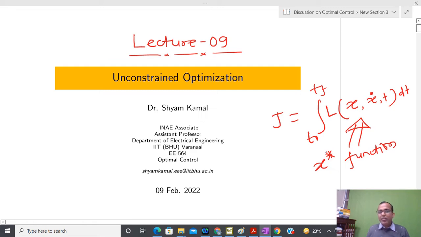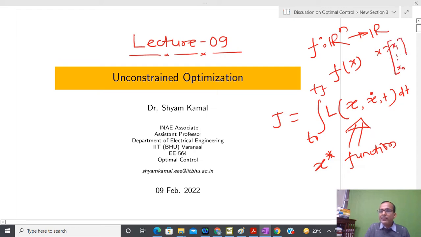But if you see the development of calculus, first we started from the optimization problem of some kind of real valued function. So in place of this kind of functional, now I have a real valued function f of x, and I am assuming that x has n components x1, x2, xn.